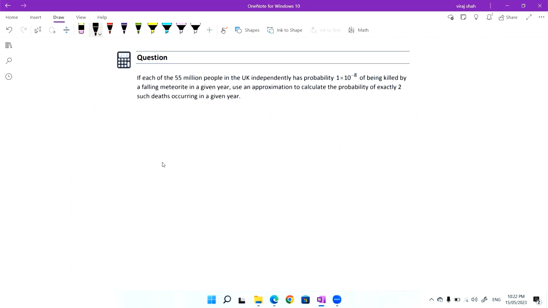So when a meteoroid falls, the probability of one person out of 55 million dying is 1 into 10 raised to minus 8. So it's a small probability. You would agree with me on this point, right? It's a small probability.